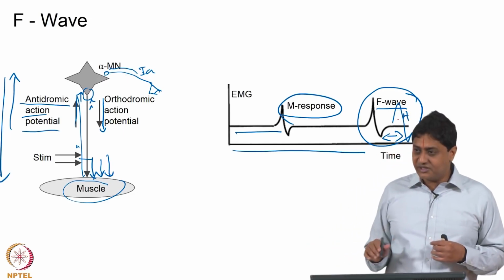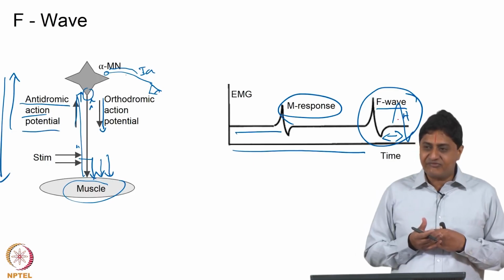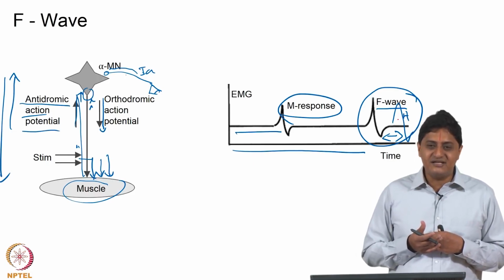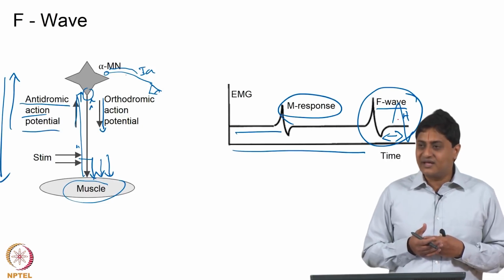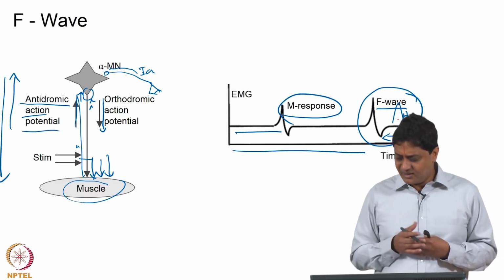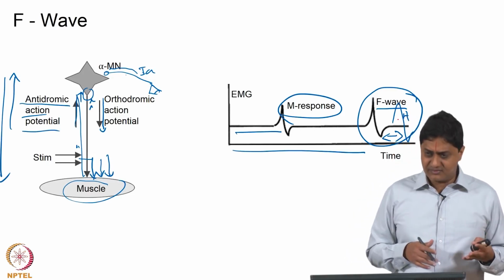In other words, the latency of the F wave is going to be slightly lesser than the H reflex latency. Of course, the M response latency will be much lesser.